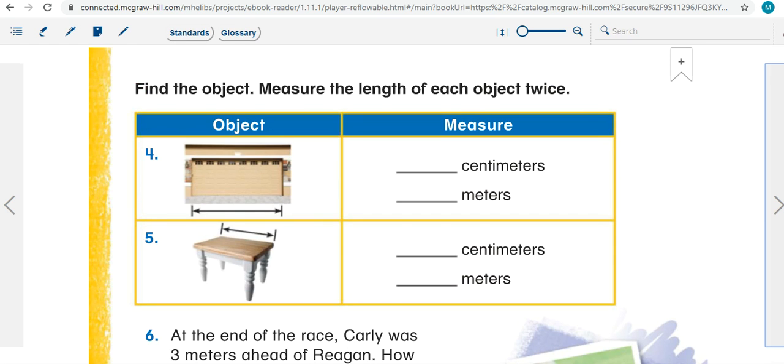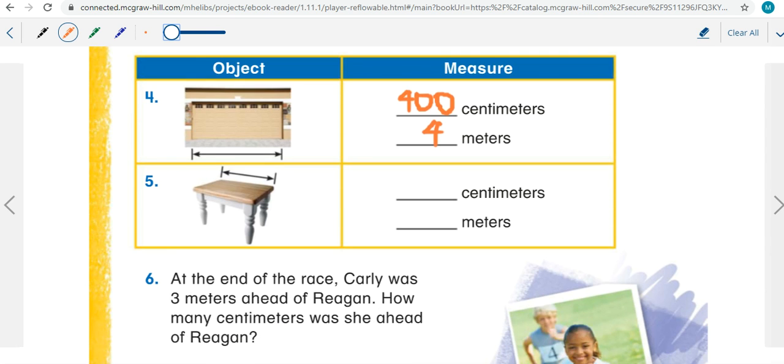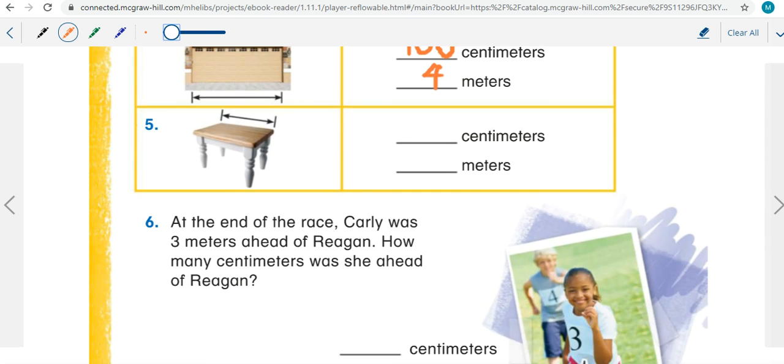Now the garage, how many meters long do you think is this garage? Maybe 4 or 5 meters. So if we have 4 meters, that will make 400 centimeters. Remember, 1 meter has 100 centimeters.